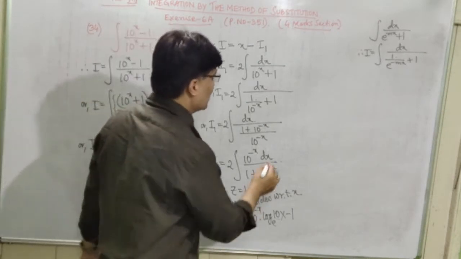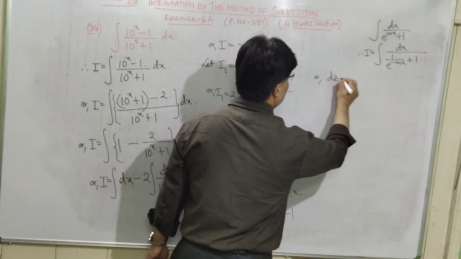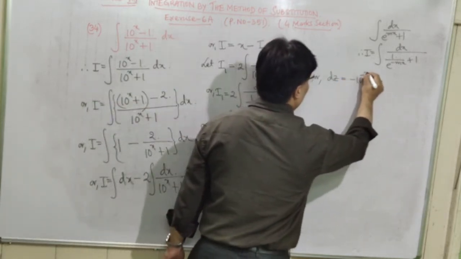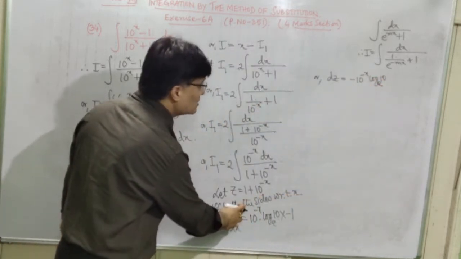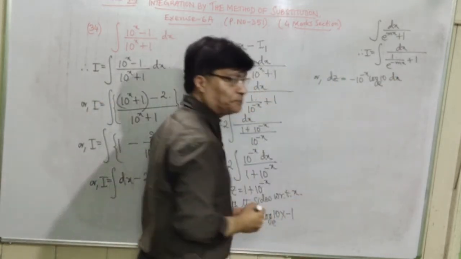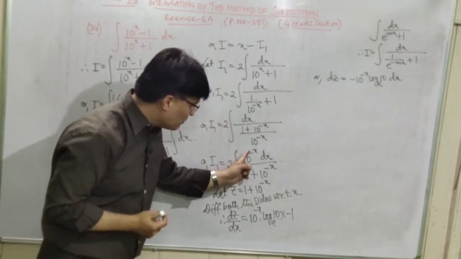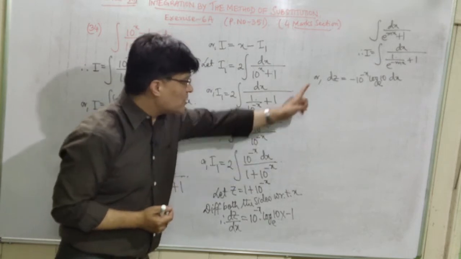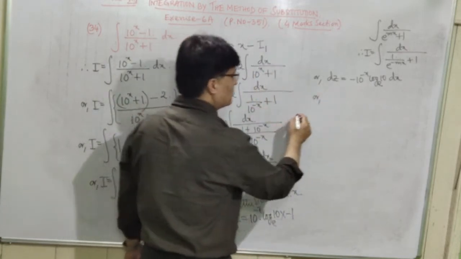So now we can do cross multiplication here, or it is dz is equal to minus 10 to the power minus x log 10 base e dx. Okay, but in the numerator we have only 10 to the power minus x dx. So let us get the value for 10 to the power minus x dx from there. Okay, so you can take minus log 10 base e to the left hand side.